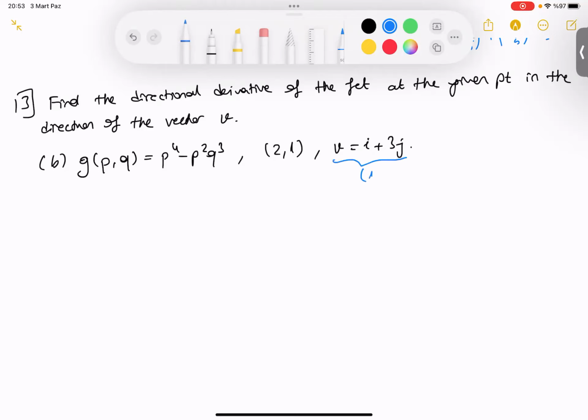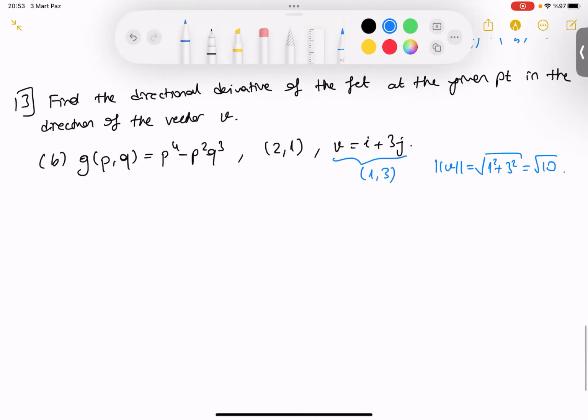Now we check if the given vector v is a unit vector. You see it's the vector 1, 3. And the length of v is then 1 squared plus 3 squared, which will give us the square root of 10. It's not 1, so v is not a unit vector. As I said before, we can obtain a unit vector using v.